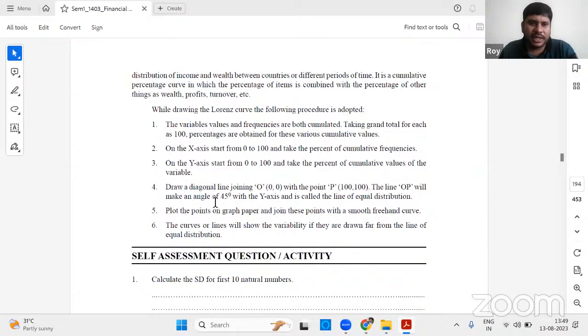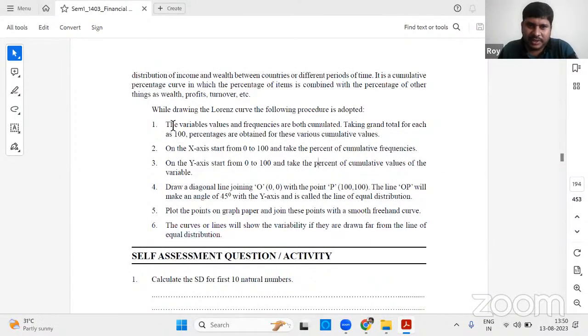Next, draw the diagonal line joining the origin point with the point 100, 100. The line OP will make an angle of 45 degrees with the y-axis and is called the line of equal distribution. Plot the points on graph paper and join these points with a smooth freehand curve. The curve will show the variability if it is drawn far from the line of equal distribution.